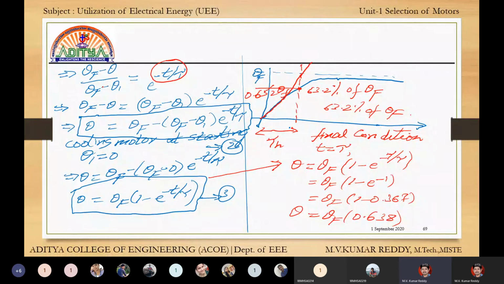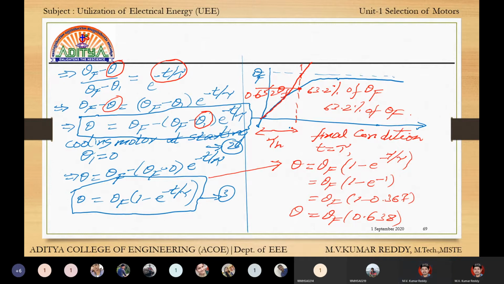In this expression we have to subject θ, since we are finding the θ value. So θf minus θ is equal to (θf minus θ1) e power minus t by tau. Here θ is equal to θf minus (θf minus θ1) e power minus t by tau. Here θ1 is the ambient temperature, the minimum temperature, that is, the starting point of the motor having some heat.